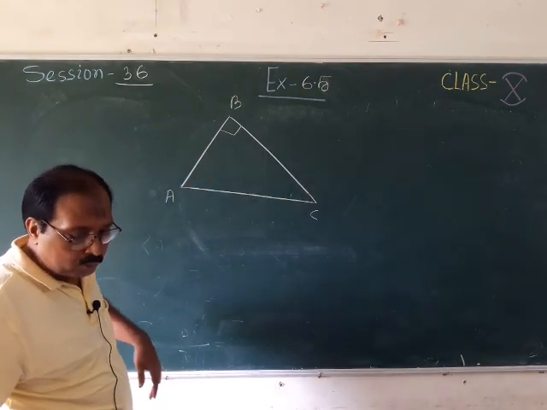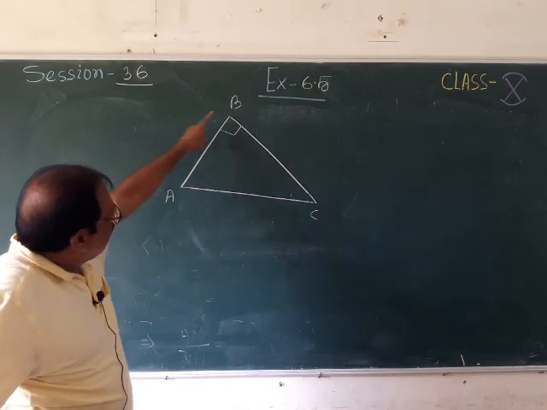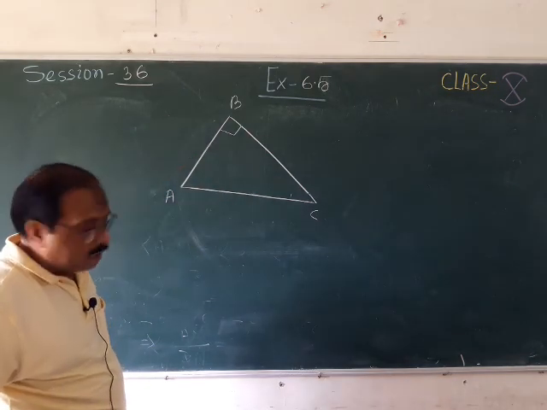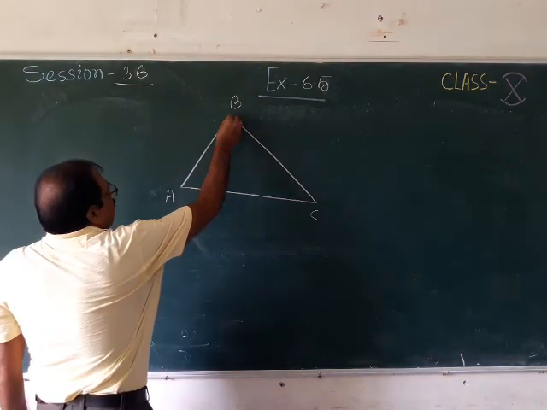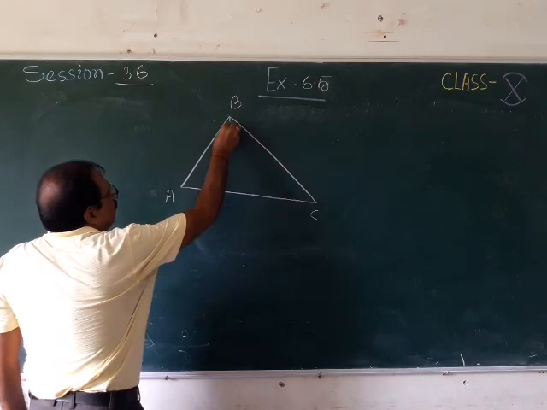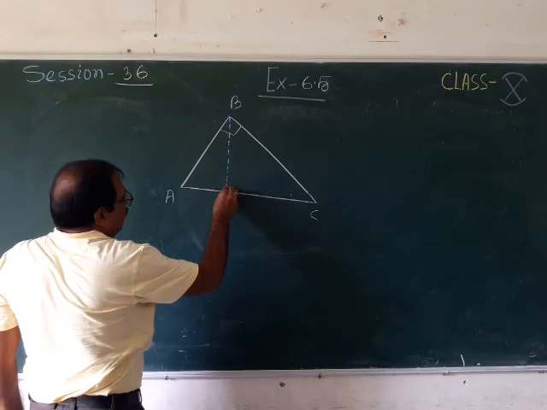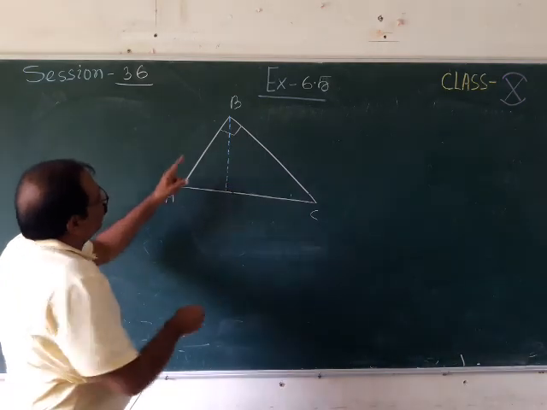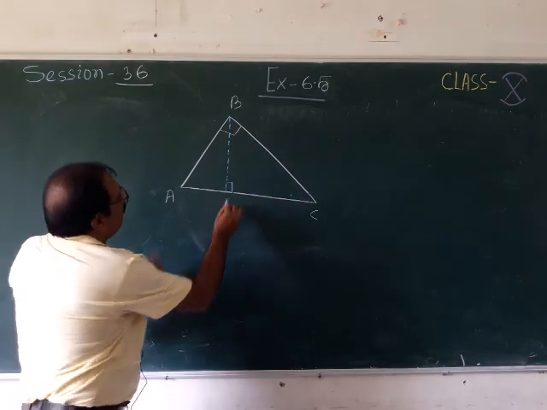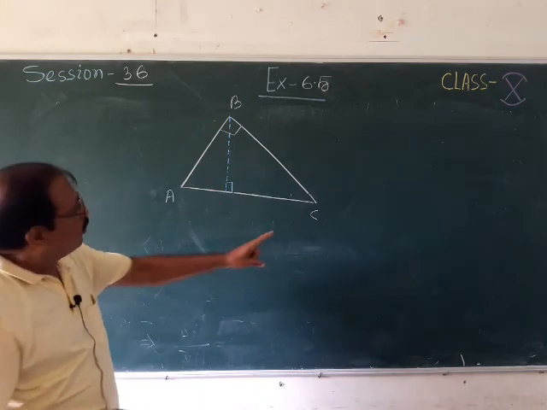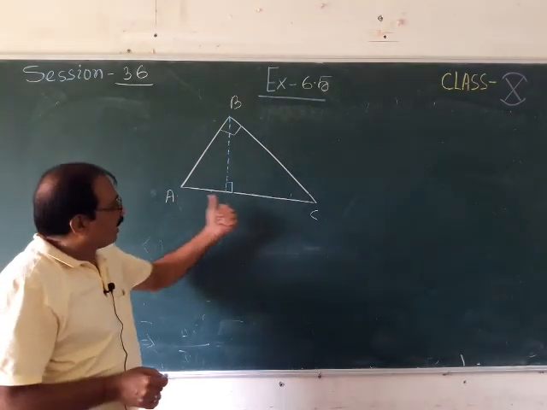One thing I want to show you today. In this right angle triangle ABC, suppose you draw a perpendicular from B down there. So here you have drawn a perpendicular on this side AC.